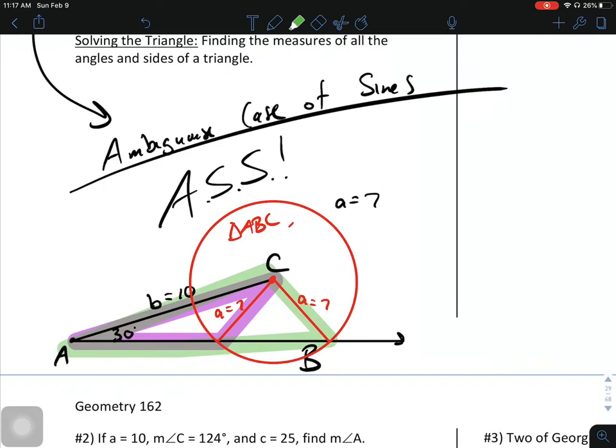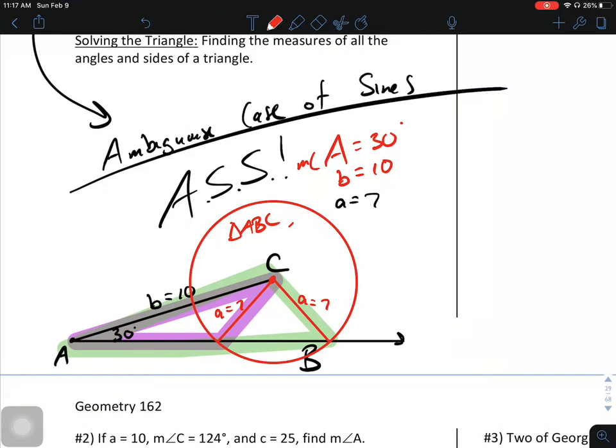The point I'm trying to make, and I don't think I'm doing a very good job of it, is if you're given an angle, such as 30 degrees, and a side, and another side, angle-side-side, it's possible that two different triangles could fit that description. That's why it's called the ambiguous case of sines.